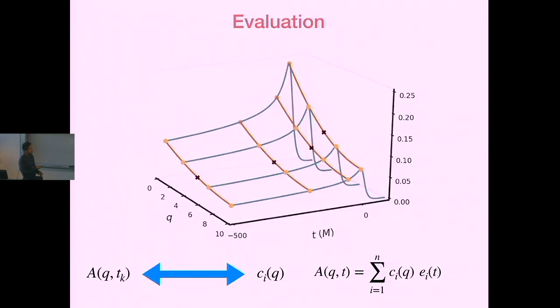So let's say this is the mass ratio that we are interested in. To evaluate the waveform, all we do is first evaluate the fits at each of those points. That gives us the amplitudes at each of those times. And as I mentioned, we can do a matrix inversion that essentially gives us the basis coefficients at that unknown mass ratio.